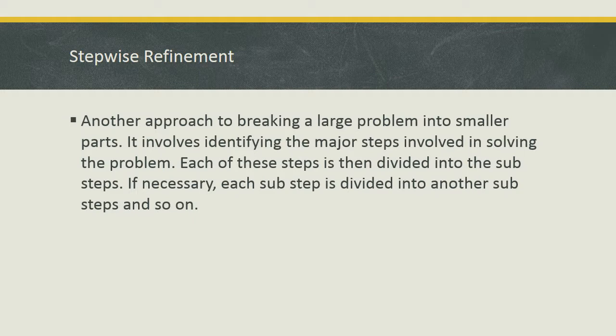Now, the major difference with stepwise refinement and hierarchy charts is that stepwise refinement has these levels, or as it says in the writing, major steps that are involved. And these are the key points that differentiate it from the top-down design.